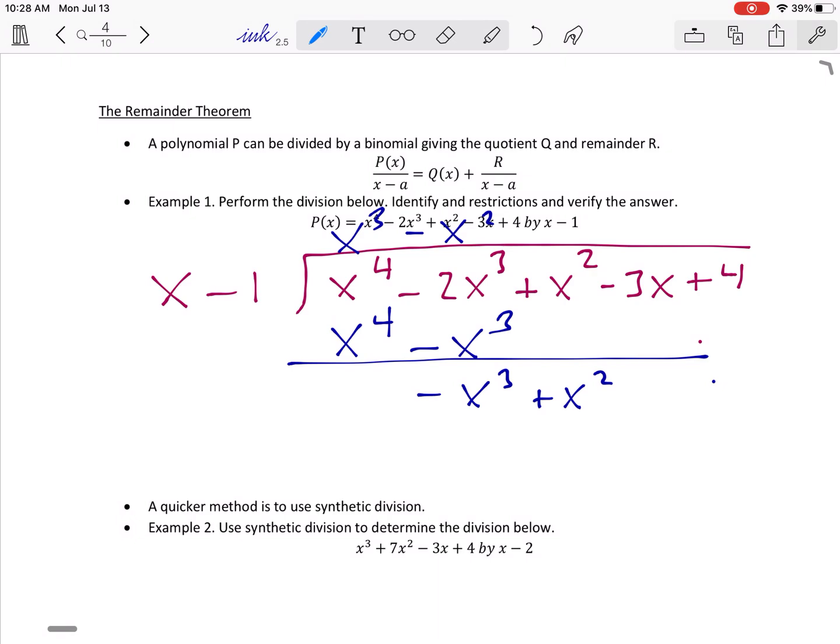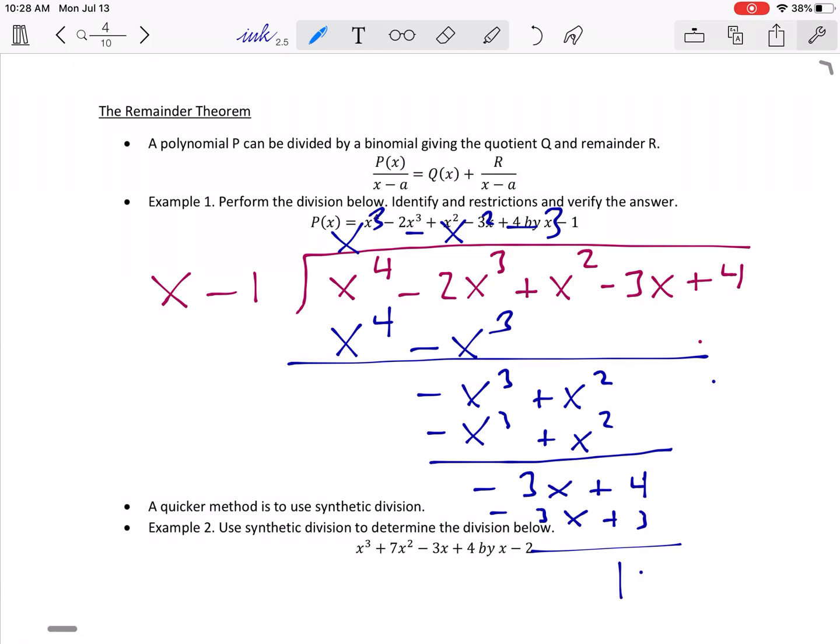So that gives us negative x cubed plus x squared. Now that'll all go to 0, so we can drop the next two down. So that gives us negative 3x plus 4. So we can multiply this by minus 3, and that gives us negative 3x plus 3. And so what we get here is a remainder of 1.